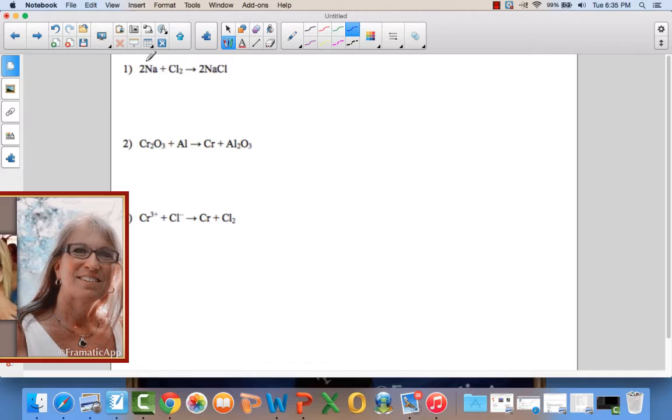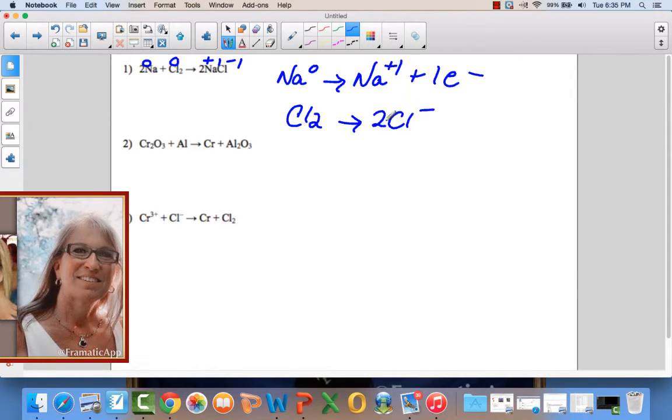So let's do a couple of these. We have 0, 0, +1, -1. So I have Na0 going to Na+1, and that's 1 electron. I also have Cl2 going to 2Cl-, which is a -2, so 2 electrons.